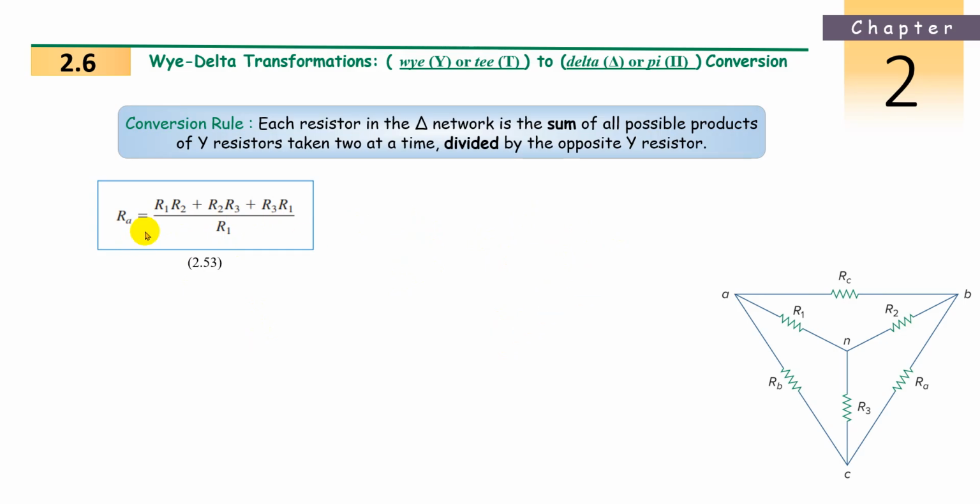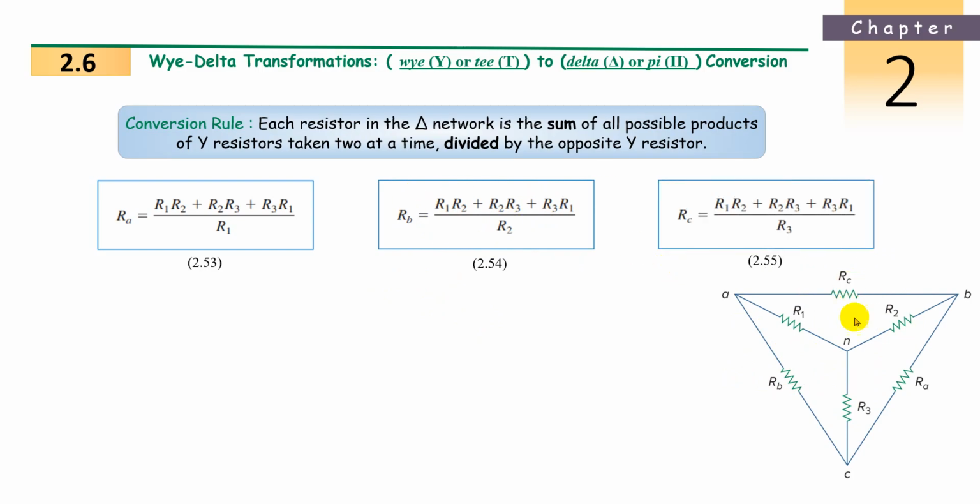But in this Y to delta, the numerator on top is common for all the resistances, and only the denominator changes. RB is R1 R2 plus R2 R3 plus R3 R1 divided by the opposite resistance R2. Same for RC, the opposite is R3. Everything on top is the same. That is how you calculate.